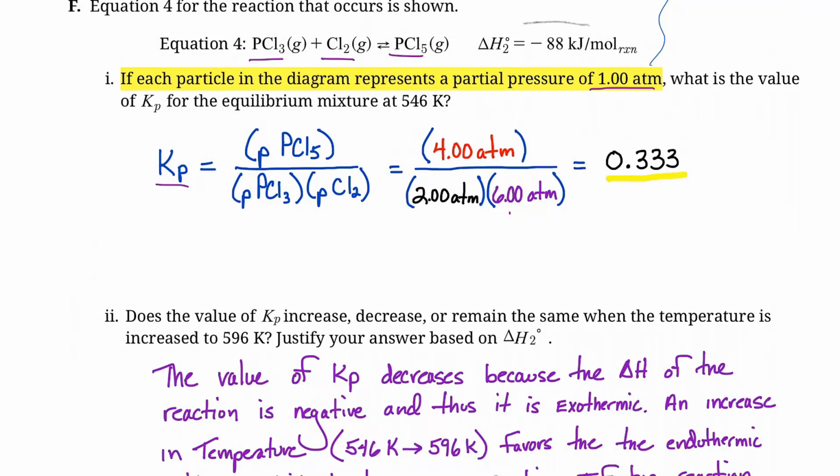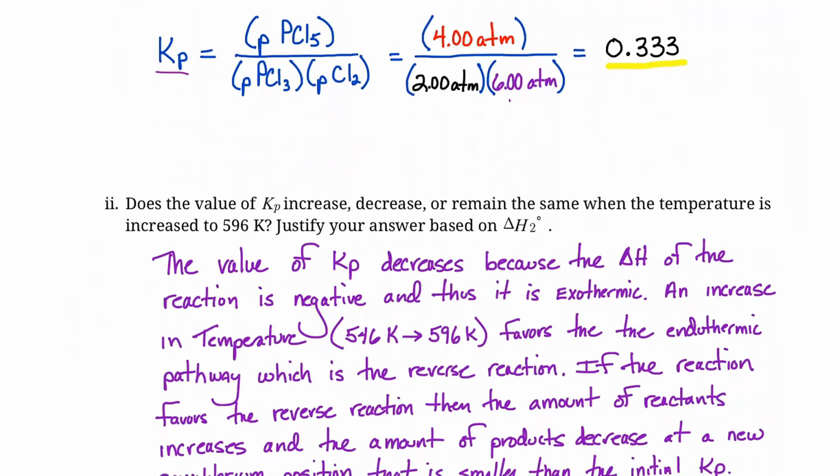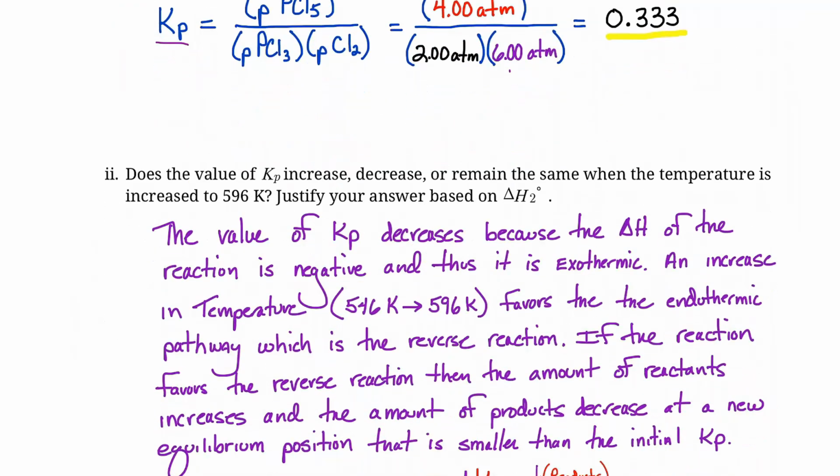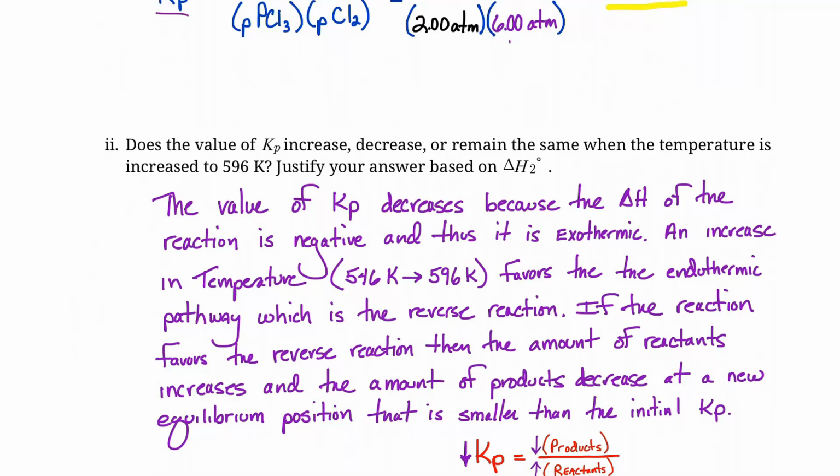So they gave me that this is an exothermic reaction. Okay, now why do I need that? Well, because if you're going to increase the temperature, we should know that an increase in temperature is going to favor the endothermic pathway. Okay, that's just something you need to know.